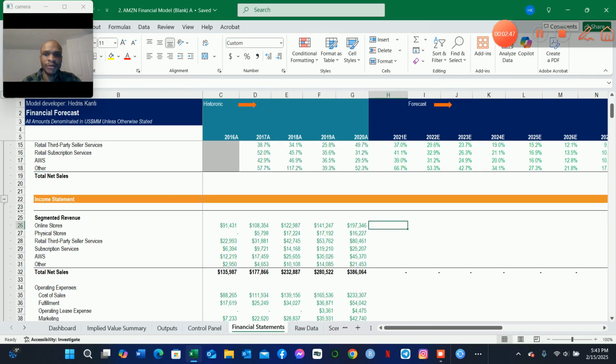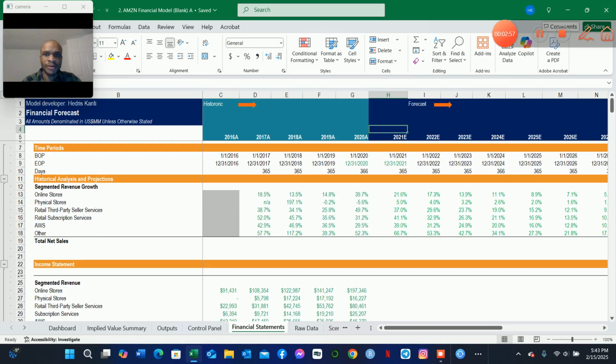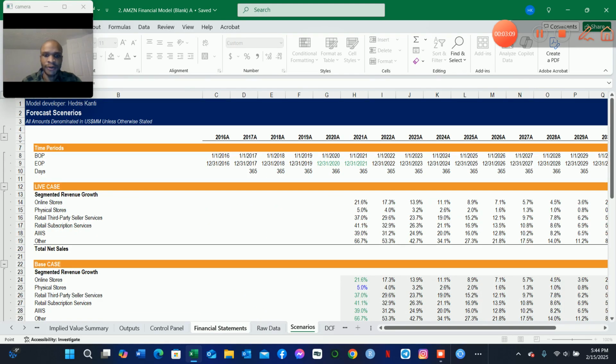So we will begin with the breakdown of revenue. So we already had this in our scenarios section.